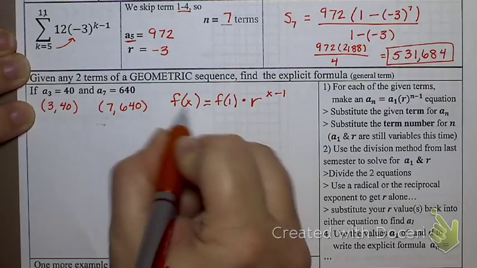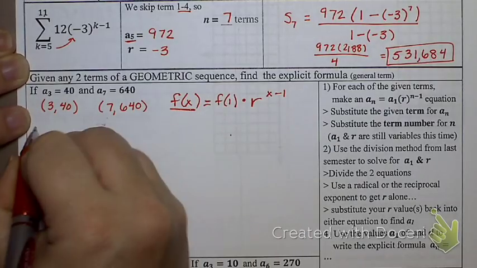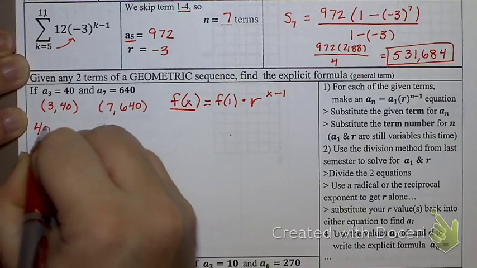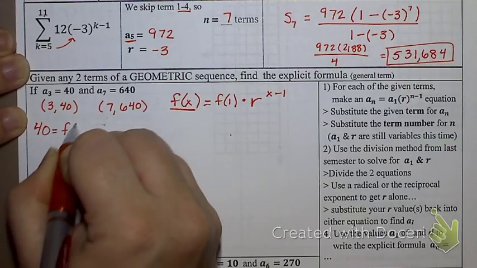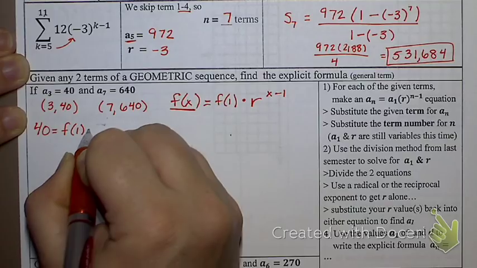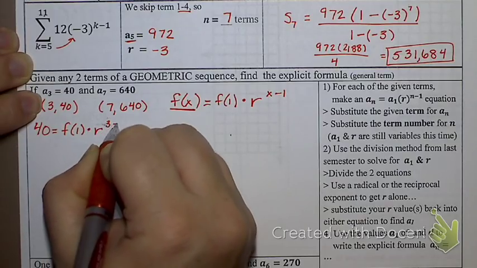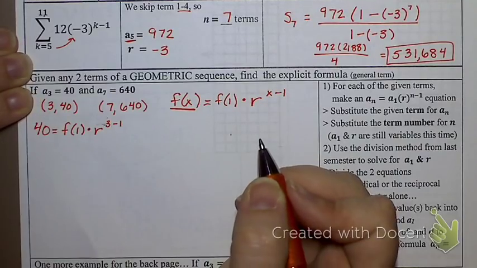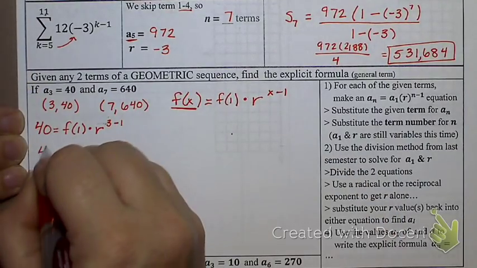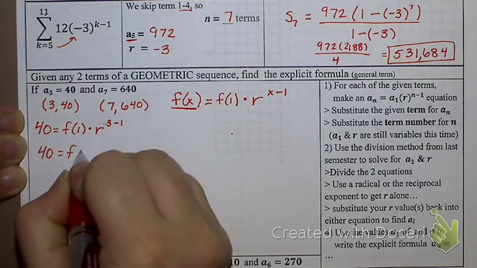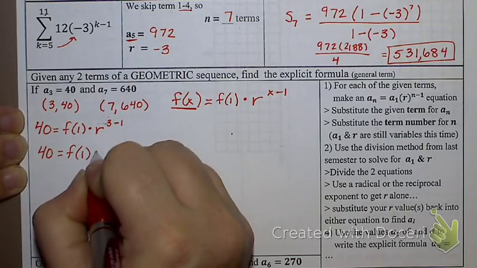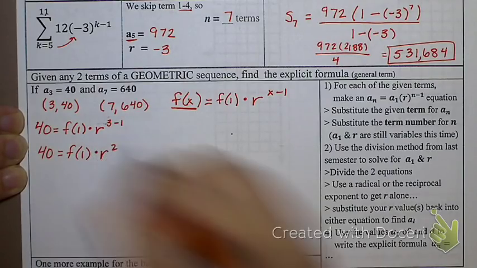So what would I plug in for f of x, or y? 40 equals, I don't know f of 1, I don't know r, but I can plug in 3 minus 1, can't I? So that gives me 40 equals f of 1 times r to the second.